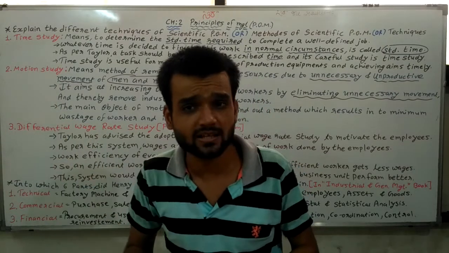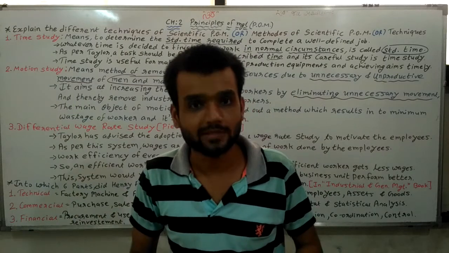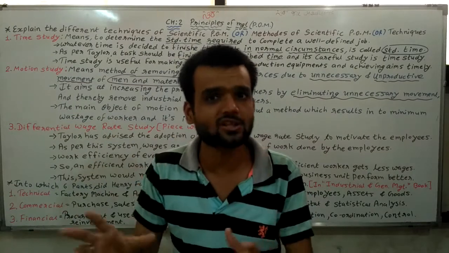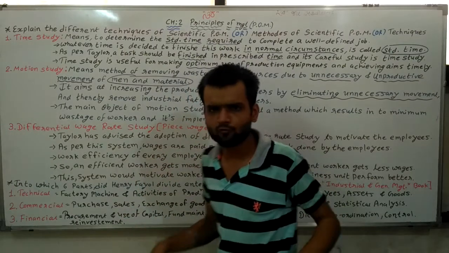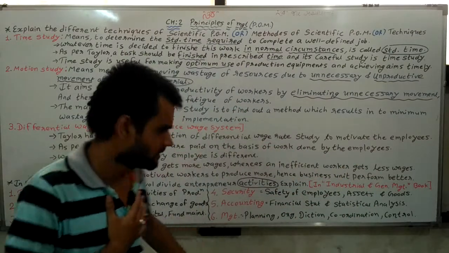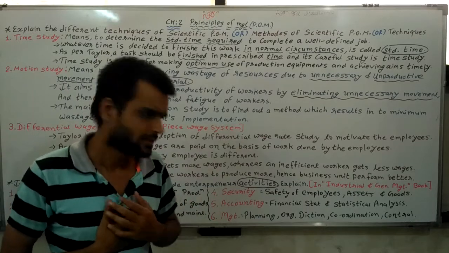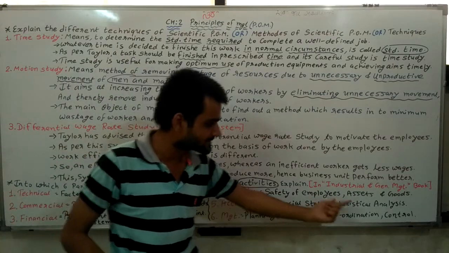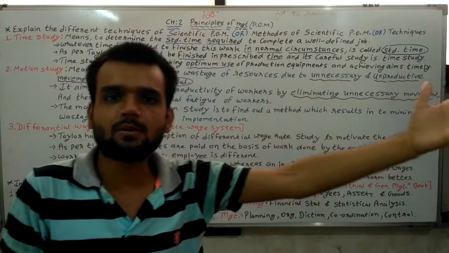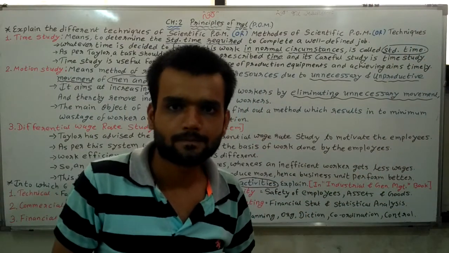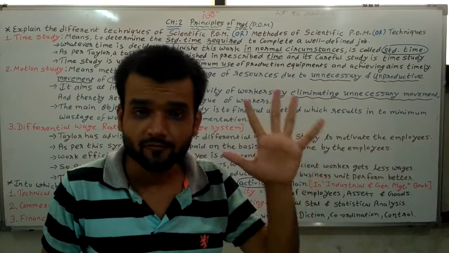Financial expenses are high. We can reduce them. That we can understand by analysis of financial statements. So after doing the full business, what do we need? Accounting. Accounting includes financial statements and statistical analysis. By analysis, we can take the best decisions for the future. So it's the fifth part.